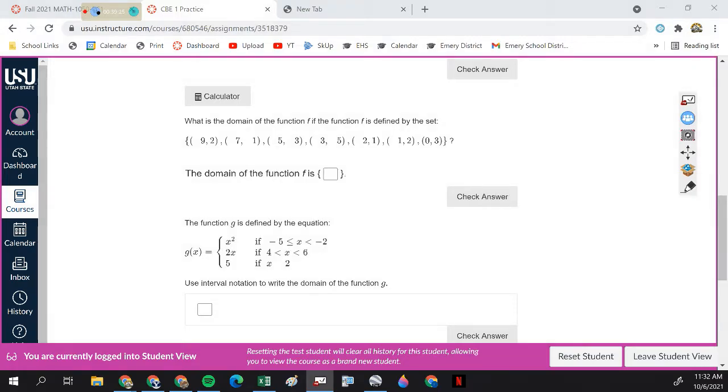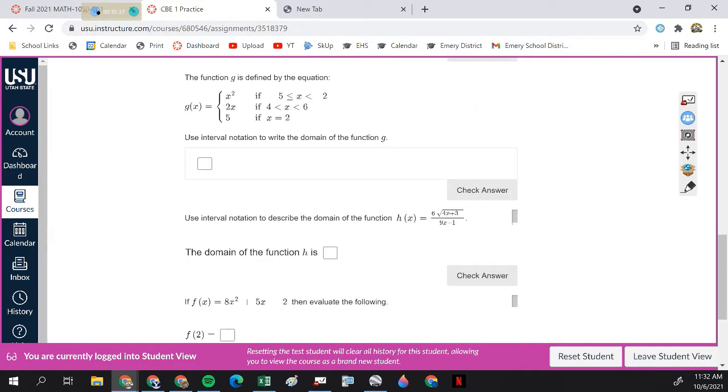Okay. What is going on there? Have you ever seen one of these? So this is called a piecewise function. Well, it's not as bad as you think.